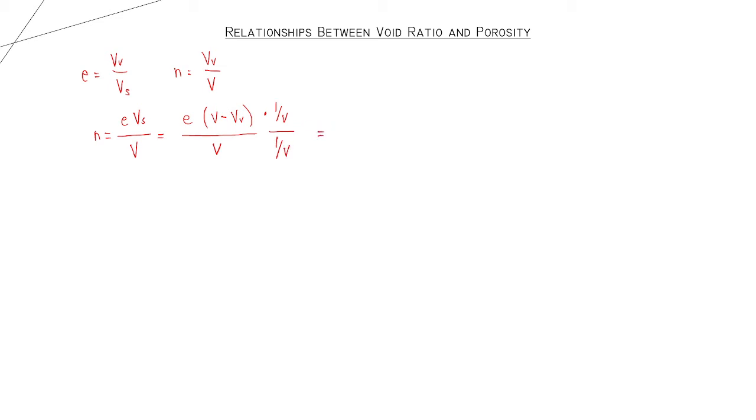So we can write e times V over V is equal to 1 minus Vv over V, that is equal to the porosity n. And then V over V, that is also equal to 1. And then simplify, rearranging, we can write n is equal to e times 1 minus n.